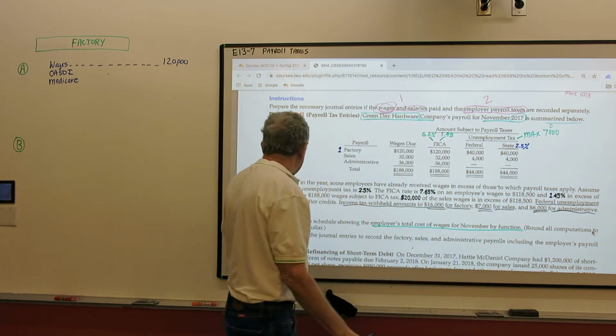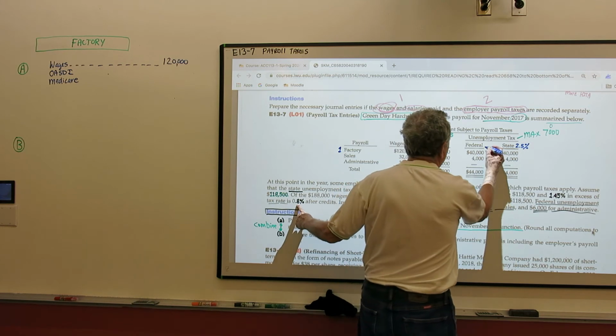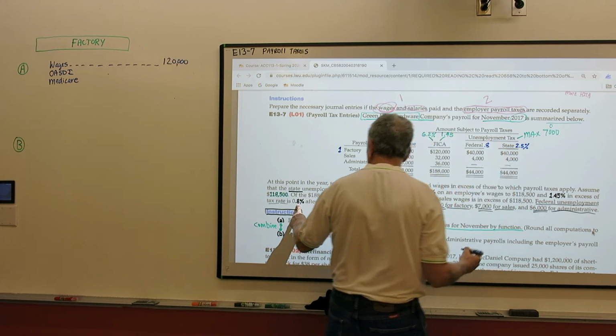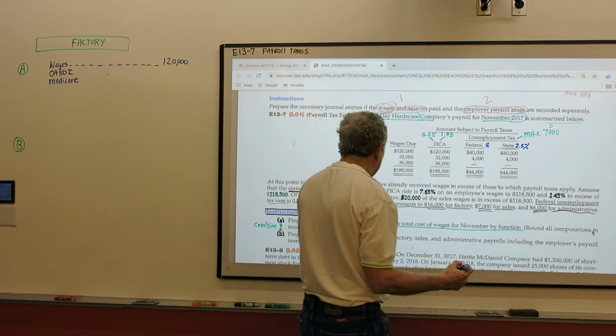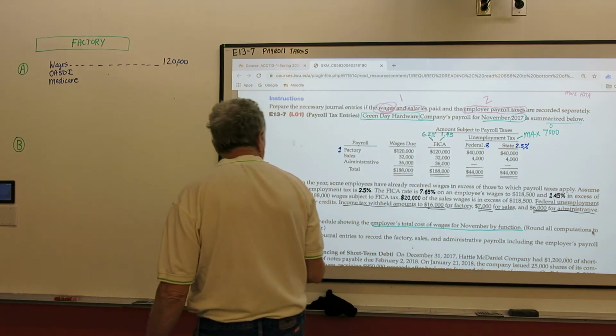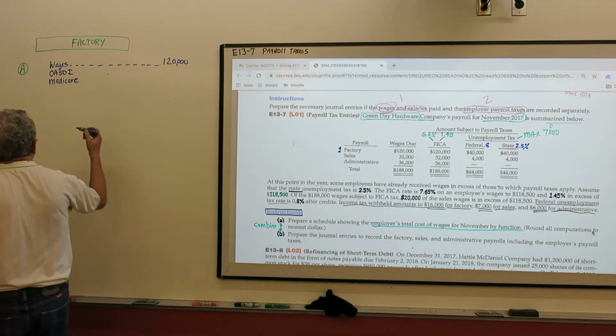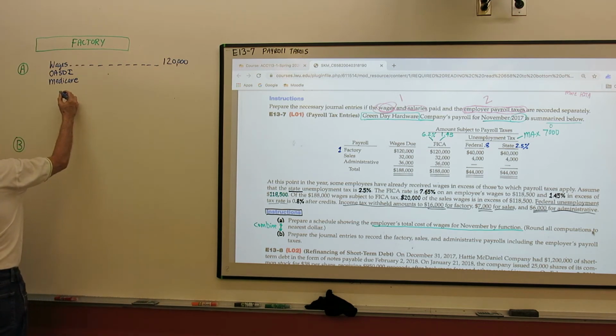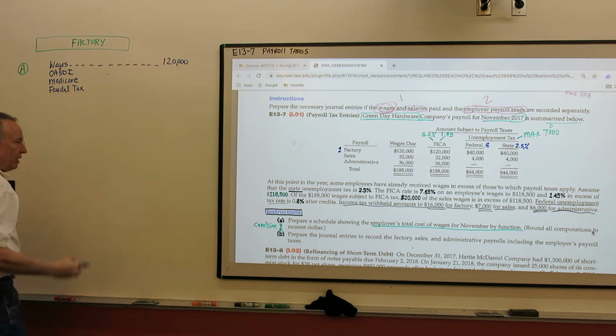Federal unemployment tax rate is 0.8%, so we'll put that there, 0.8. After credits, income tax withheld, 16,000. So we've got the federal income tax withheld. Let me do, what is the cost? Federal tax, is that what they said?